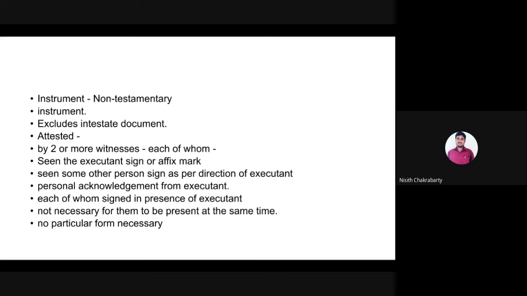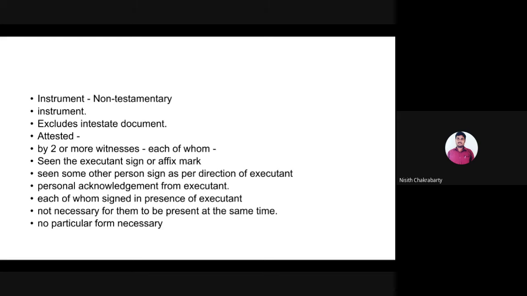Then coming to the definition of attested, it is a very important definition. Very often it is asked. It may be a very complicated section, because it looks very huge, but you just have to remember a few ingredients and you can probably write your own version of the definition, and that should be equally effective.